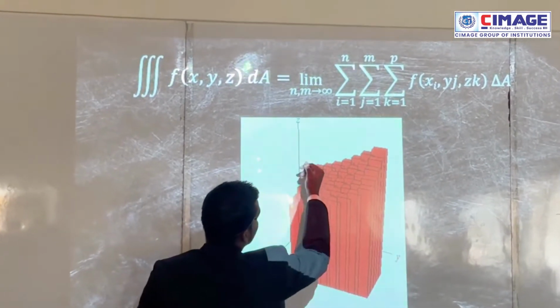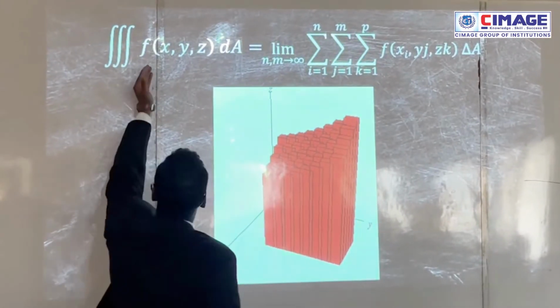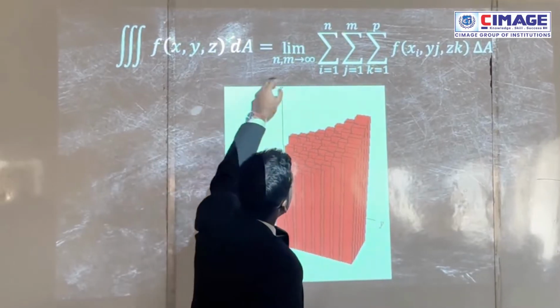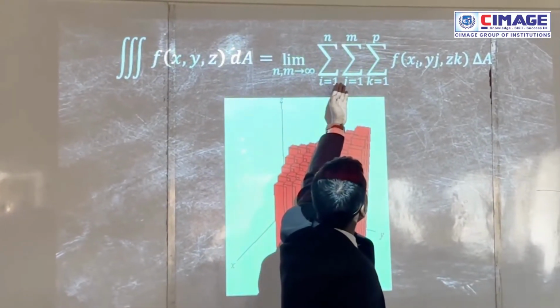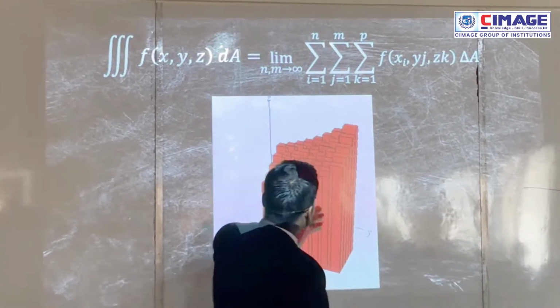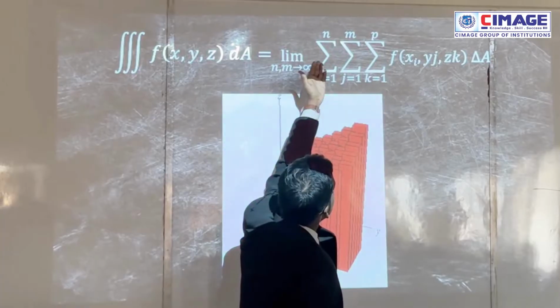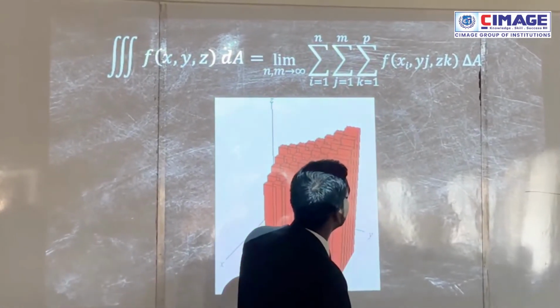I have taken three axes: the z-axis, x-axis, and y-axis. There are three variables, x, y, and z, and we have three summations here, divided into infinitely many parts. The x-axis can be divided into n parts, then m parts, then p parts, respectively.